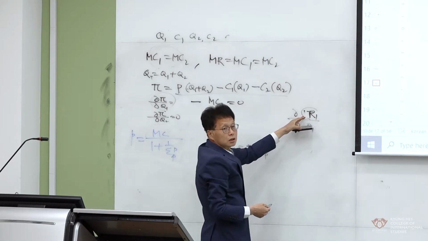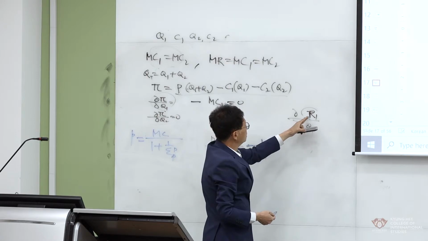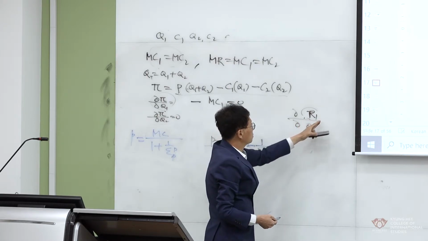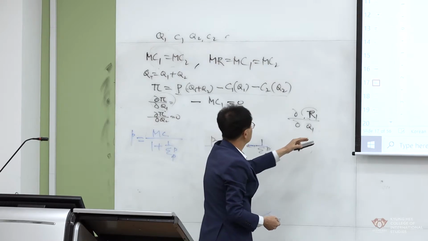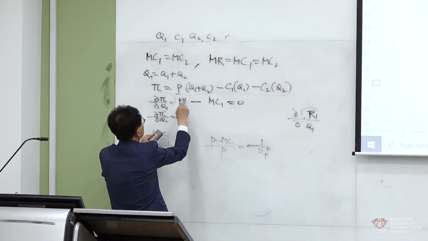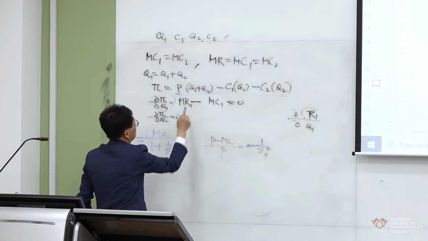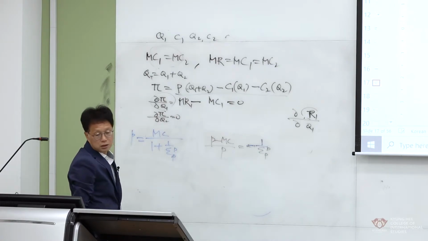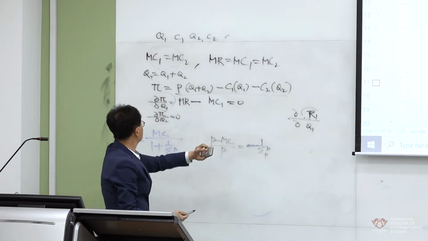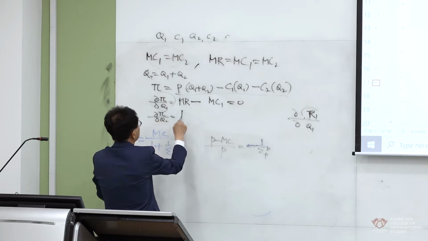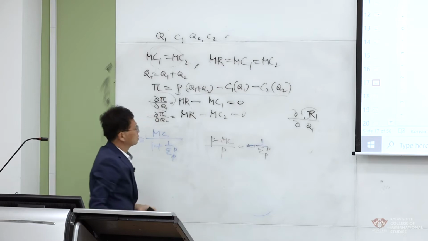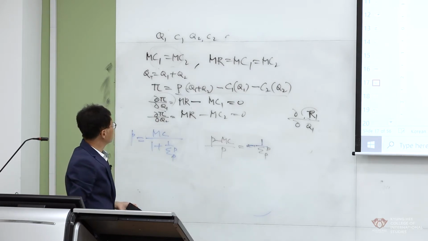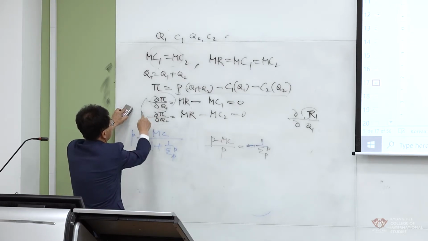So the change in total revenue with respect to Q1 is marginal revenue. So this condition is satisfied: marginal revenue minus MC1 is equal to 0. Similarly, the other one means marginal revenue minus MC2 is equal to 0. Those are the two first-order conditions for the multi-plant firm.